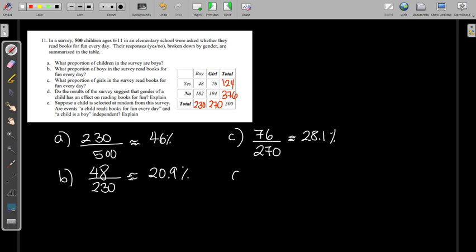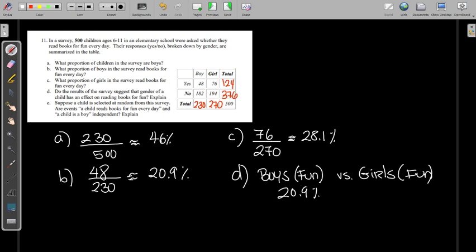A, B, C, D. All right. Does the result of the survey suggest that the gender of a child has an effect on reading books for fun? Well, let's see what is the percentage of boys who like to read for fun, right? The percentage was 20.9%. And let's compare it with girls who like to read for fun. We just got that number here. We're comparing 28.1.